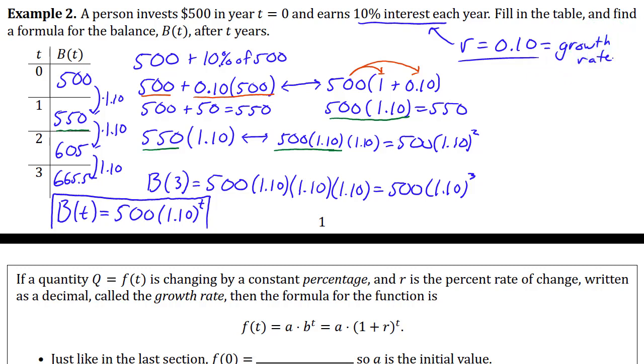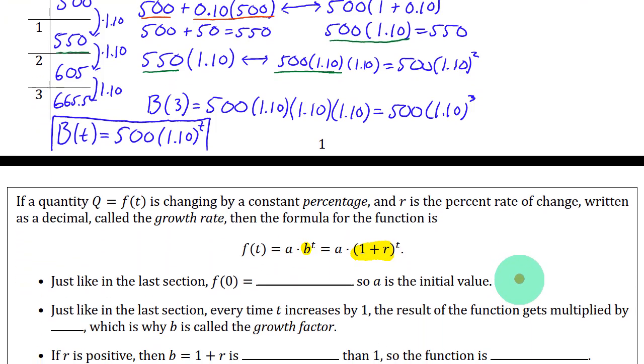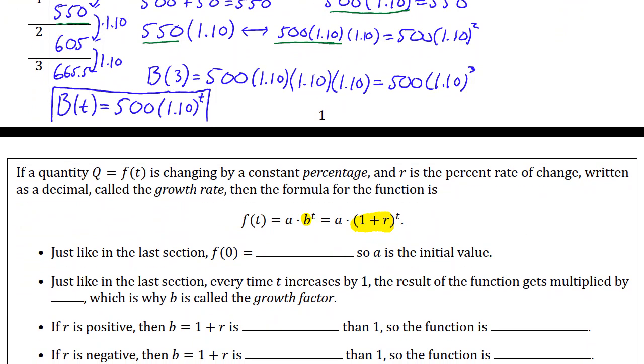Then the formula for the function is this. We could write it as f of t equals a times b to the t, but the b is going to be the same thing as 1 plus r. And just like in the last section, f of 0 is going to be a. That's what 6.1 was all about.